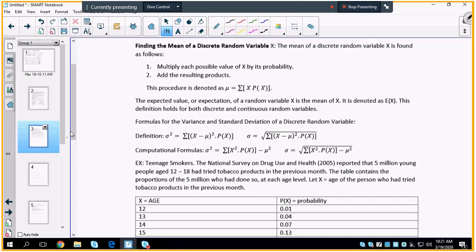The working formula to find the mean of a random variable, especially when it is discrete, is to multiply each value of the random variable by its corresponding probability. So x is the value of the random variable. You're going to multiply that by the probability of the random variable. So row-wise in your probability distribution table, multiply values and then add them all. What you get is called the mean of the probability random variable.